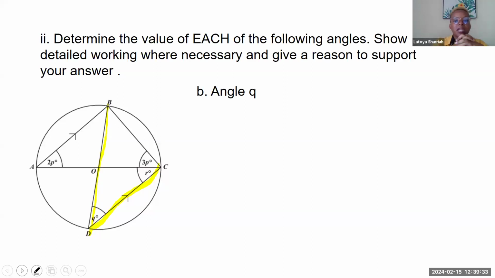Question, what's the name of the chord or arc that angle Q is being subtended by? BC, lovely.